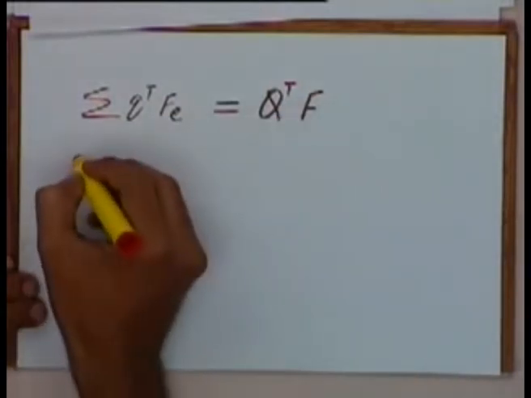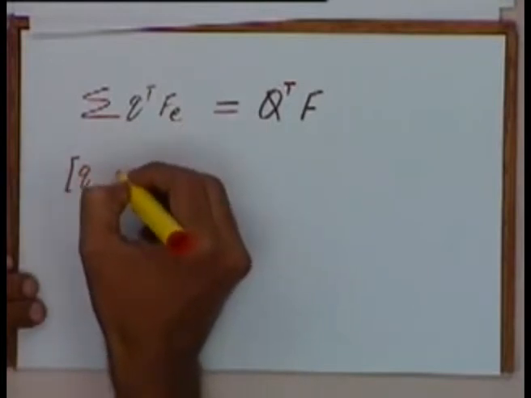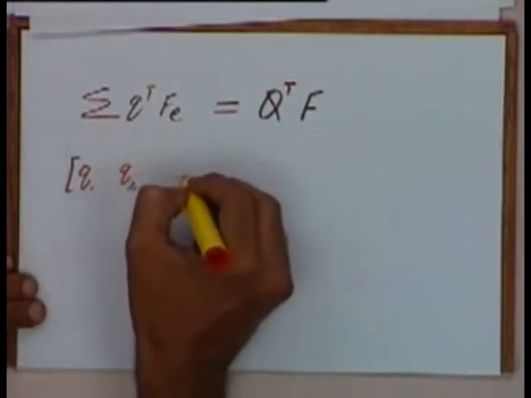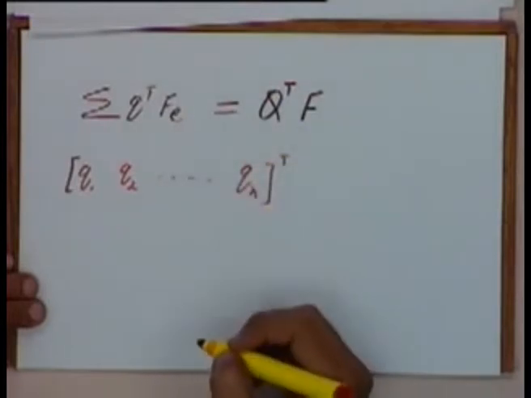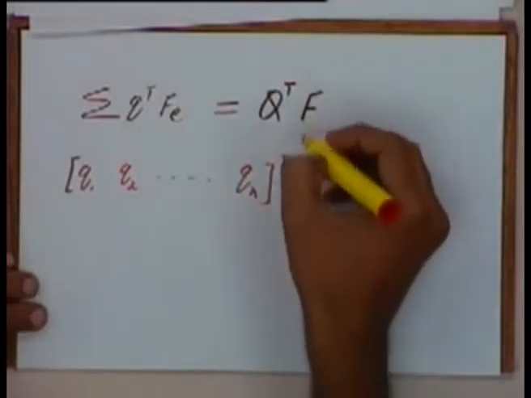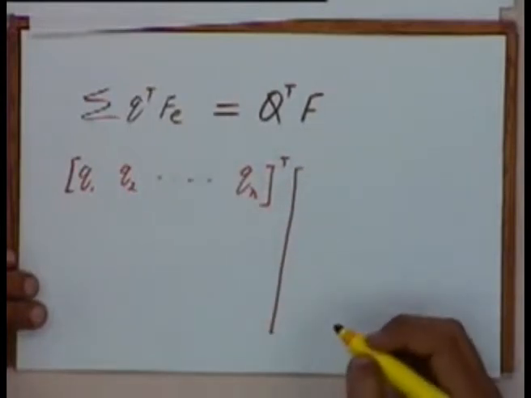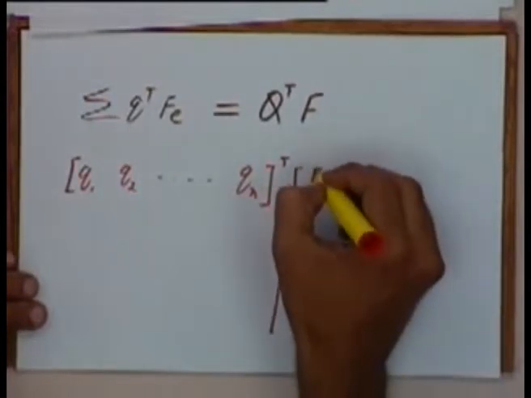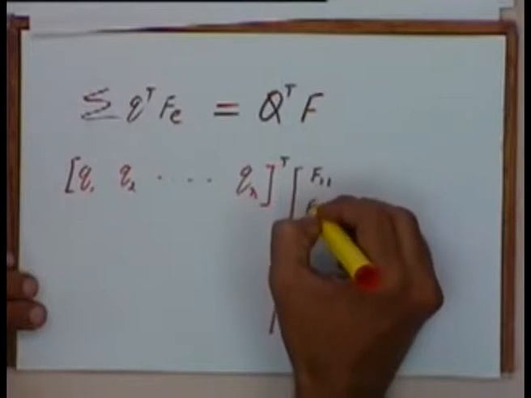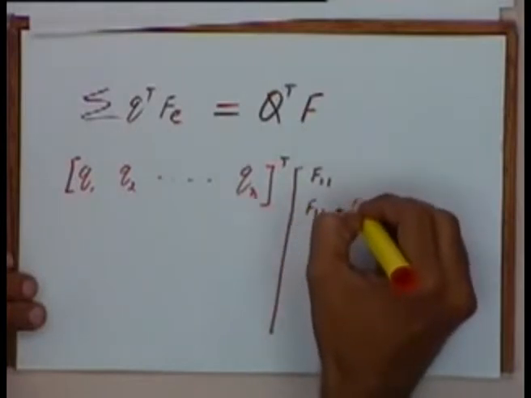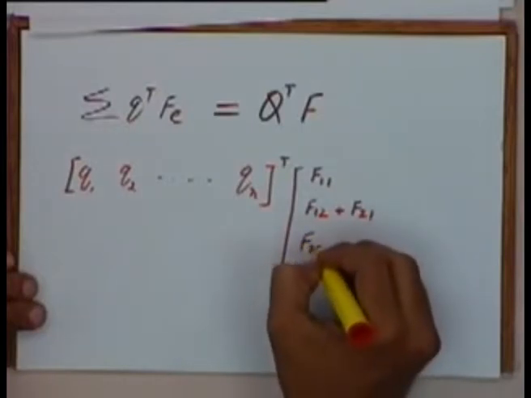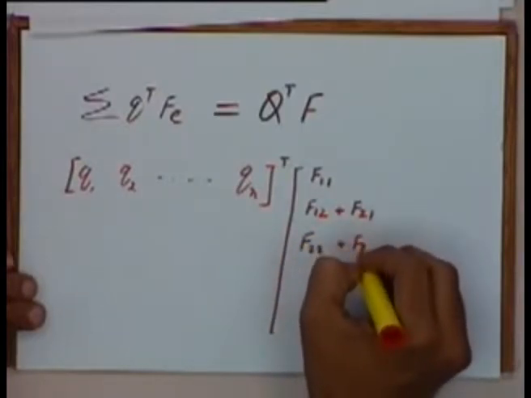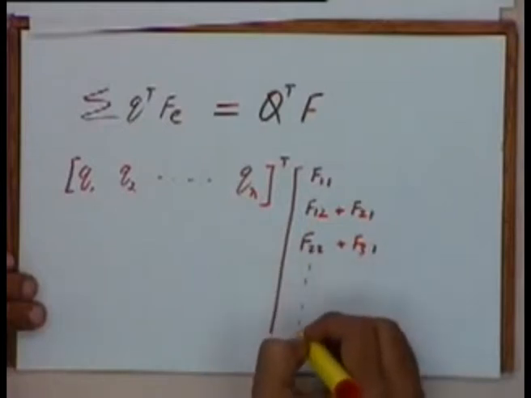This q transpose is nothing but q1 q2 till qn transpose. Okay, and this F would consist of F11, F12 plus F21, okay, F22 plus F31 and so on.